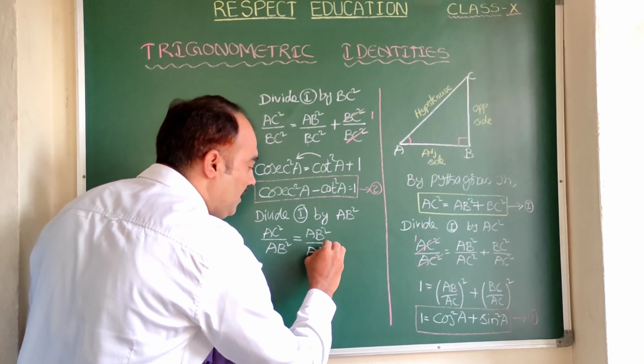Opposite side by adjacent side is tan A, so the square will become tan square A. As we want to keep number 1 on one side, let us send this tan square A from the right hand side to the left hand side. So we have secant square A minus tan square A is equal to 1. This is the third trigonometric identity. Is it clear? Yes, sir.